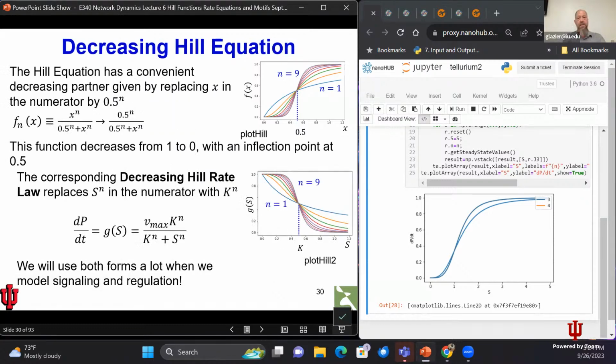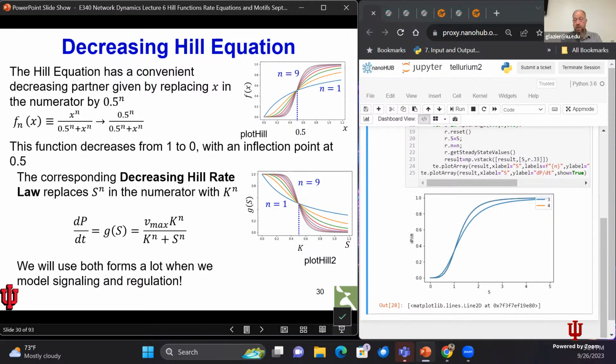One of the things that's very convenient about the Hill function is that it is an increasing function of the concentration on the x-axis. It has a partner, which is called the decreasing Hill function. It also has a half maximal value at s equals k.